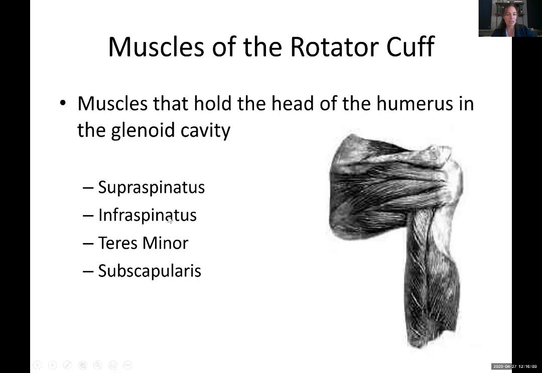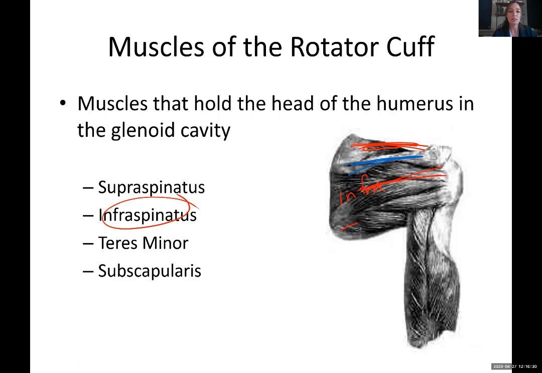Supraspinatus and infraspinatus. So again, we did this just the other day. So we move this here. Supraspinatus, because if this is the spine, let me change back to red. Supra, meaning above the spine, is going to be here. And then infraspinatus here, and attaching over here.